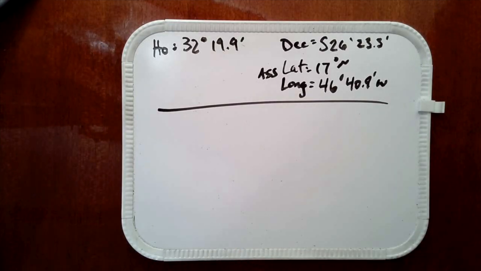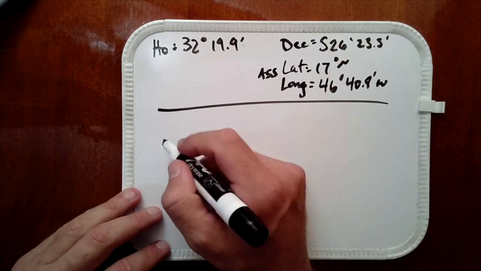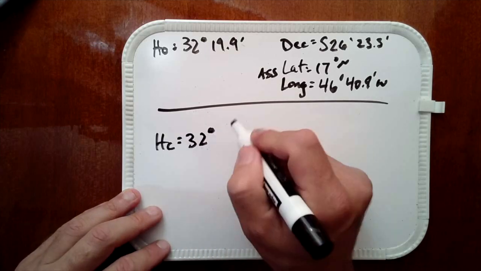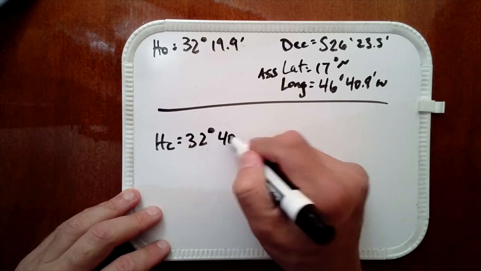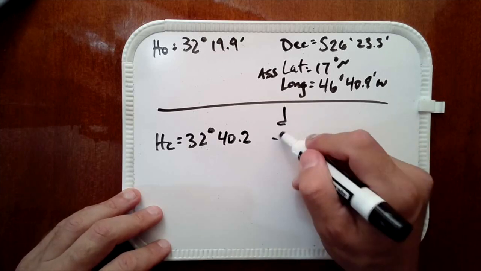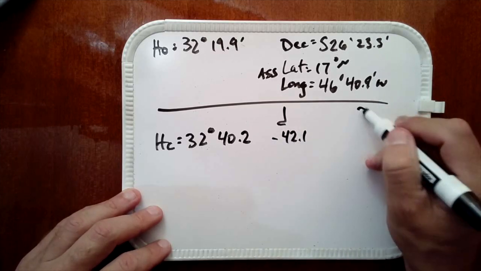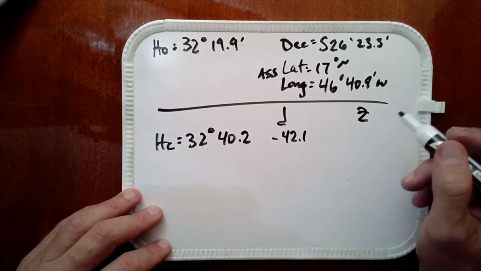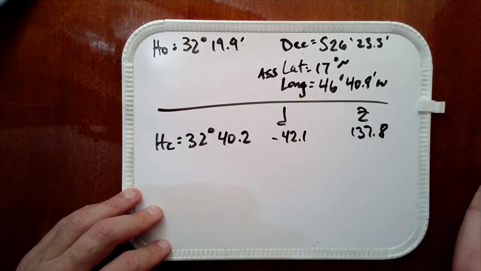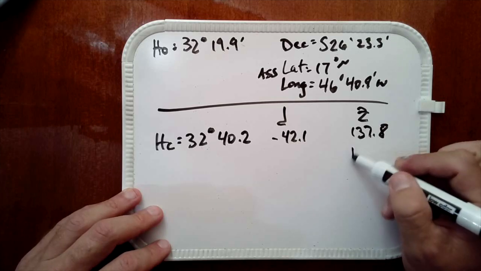We'll do it in this video just for completion, but that makes our HC 32 degrees, 40.2. Our D number, our altitude difference, was negative 42.1, and then our Z was 137.8, and the next Z was 138.6.